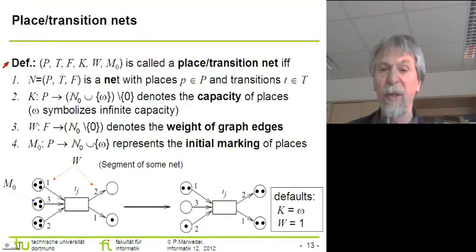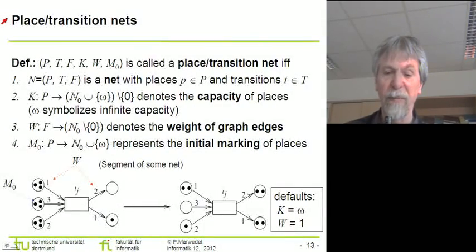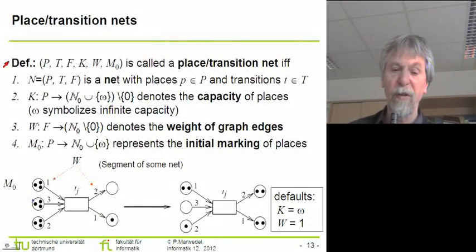For the time being, we just consider nets for which it's possible to have a number of tokens on each of the places. This extension is called place transition nets. Place transition nets formally can be introduced as follows.